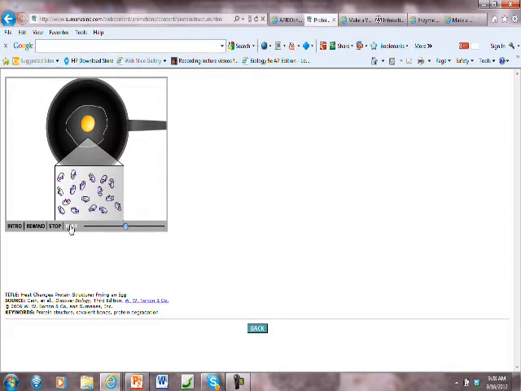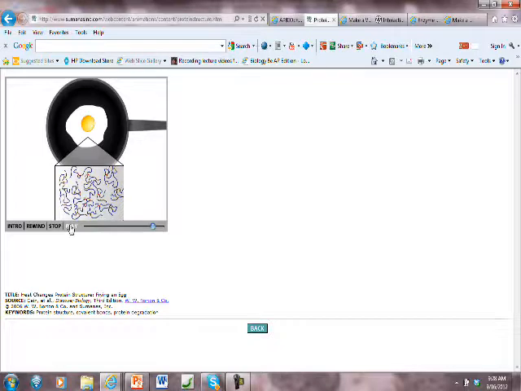The bonds linking the amino acids in chains are strong covalent bonds that withstand the heat. However, most of the bonds that stabilize the three-dimensional structure of the protein are weak bonds, typically hydrogen bonds, which break, allowing the proteins to unravel. When two unfolded proteins make contact, they form new bonds with each other. A large net of interconnected proteins forms, and the egg hardens. Light can no longer penetrate the egg, which is why the clear portion of the egg turns white.